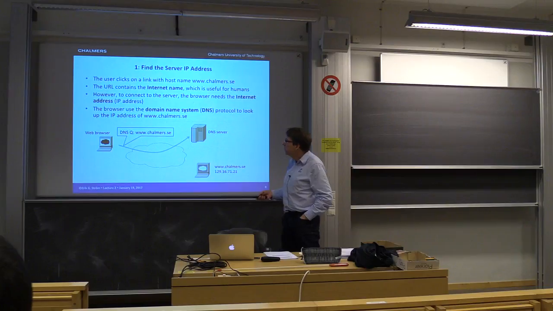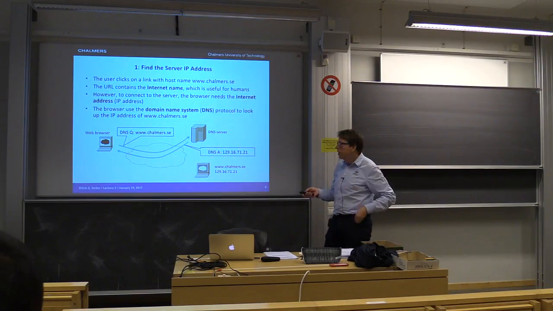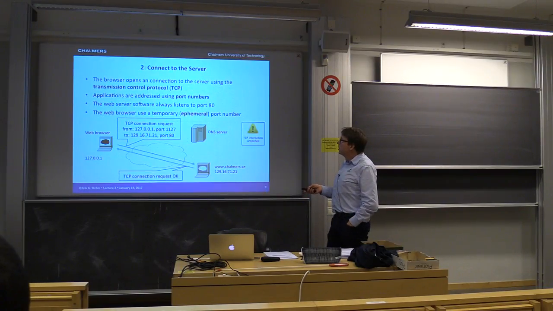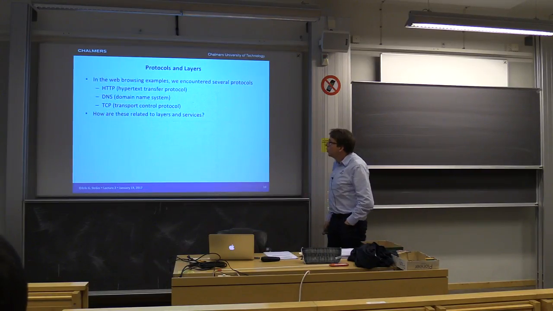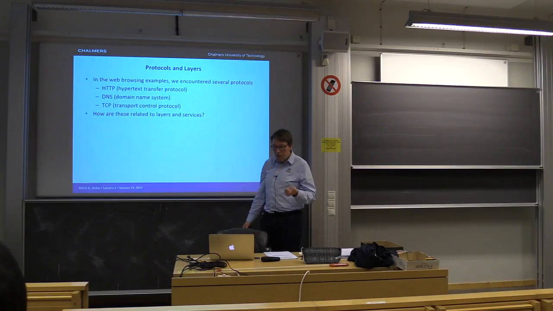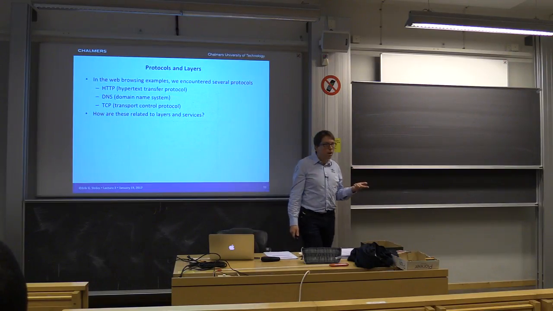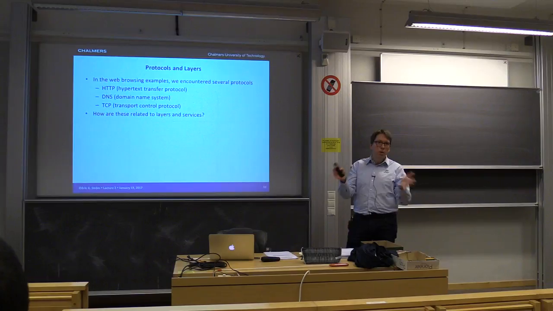Okay, so now we know firsthand a little bit of protocol, but how does this all work together, and how does the layering come into the case here? So let's see. We did this. So we used HTTP, DNS, and TCP, okay? And here's also typical when it comes to computer networks. There are acronyms everywhere, right?